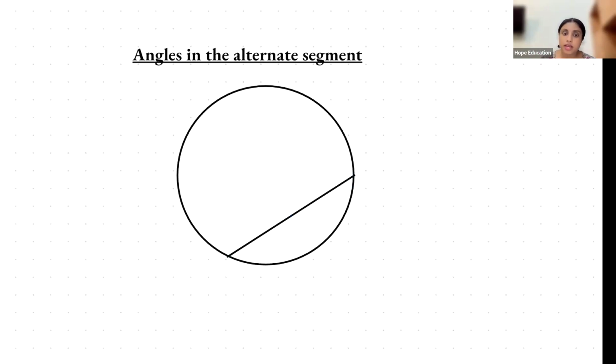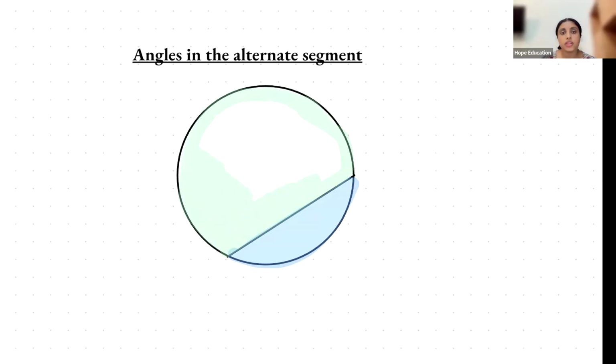So this part is one segment. And this is another segment, like this.